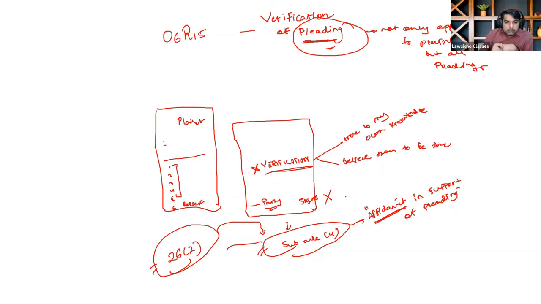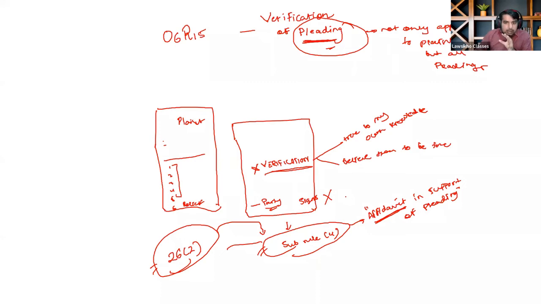The answer to this question is that the plaint will not be rejected. Not writing verification clause in the plaint, not signing verification clause in the plaint is a curable irregularity. Curable irregularity मतलब इससे ज्यादा कुछ फर्क नहीं पड़ता, इससे आपका plaint reject नहीं होगा.